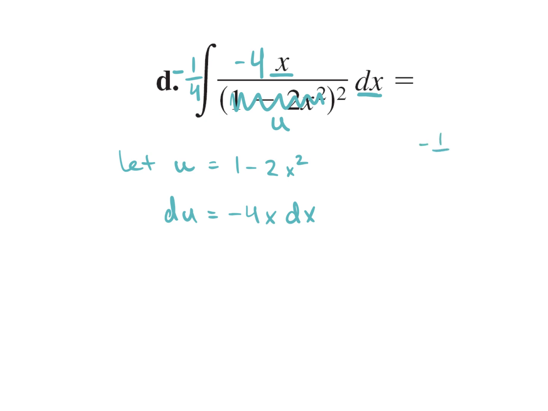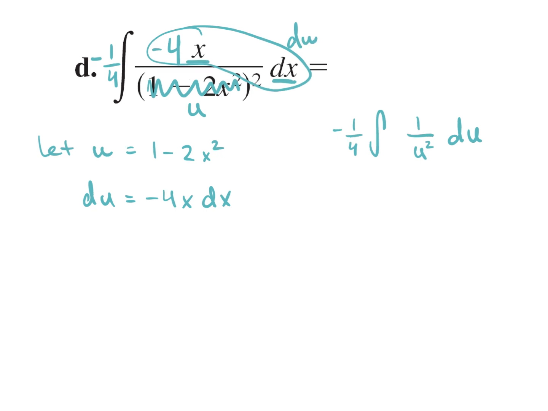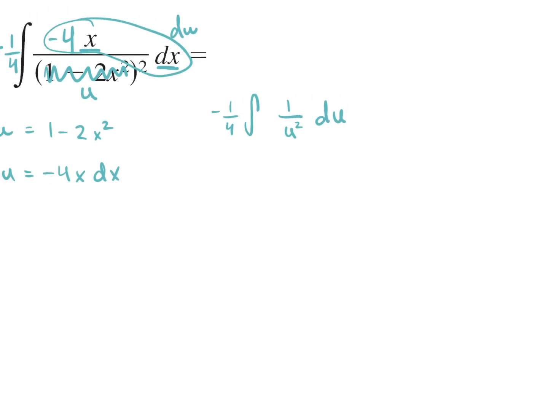So I have negative 1/4 times the integral of, this would be 1/u squared times du, because that negative 4x dx just turns into du. I'm going to rewrite this to make it a little bit easier to take our antiderivative.